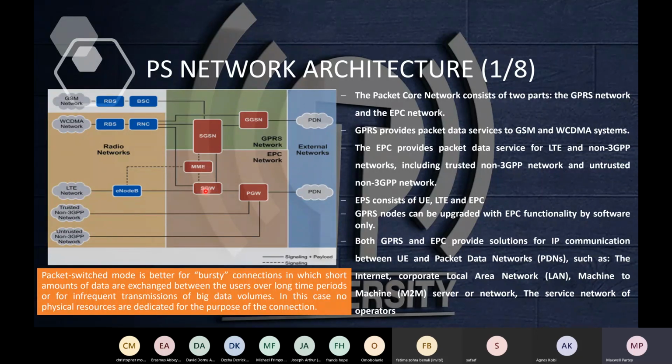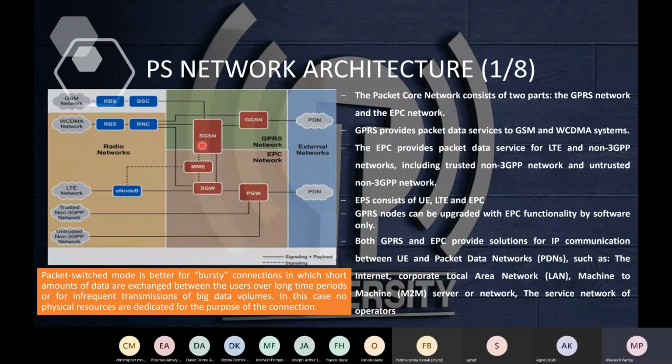Then the traffic handling aspect of the network is the SGW. The SGW handles the traffic towards the access part of the network. That is the part that connects to the node B for traffic.